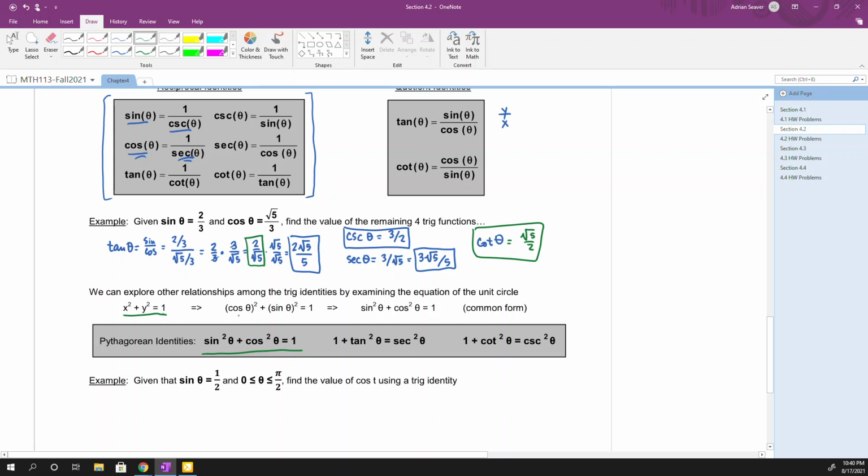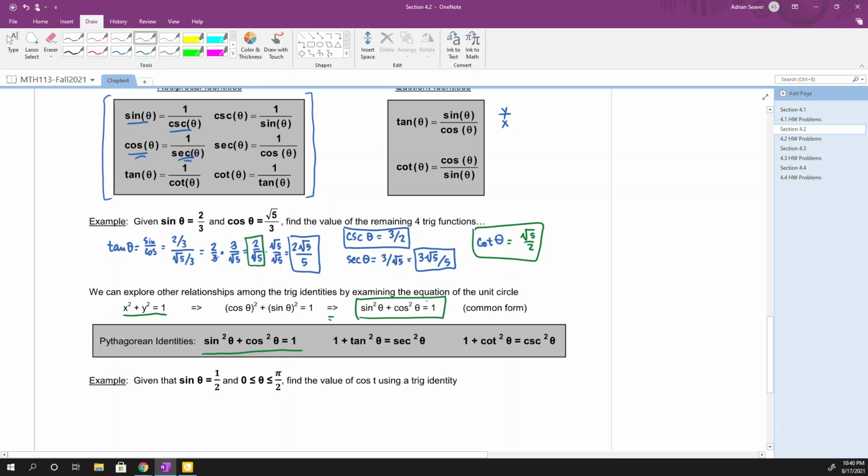Now, cosine of some angle squared a lot of times is written as cosine squared of theta. So these two forms are identical. A lot of times you're going to see it like this, but this is what it really means. If I square the cosine of theta, that's what cosine squared theta is.